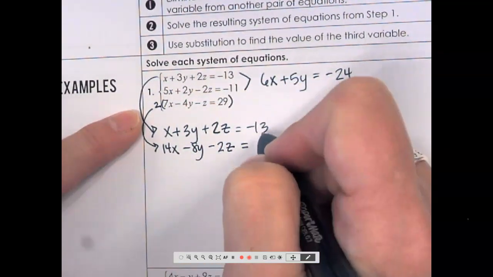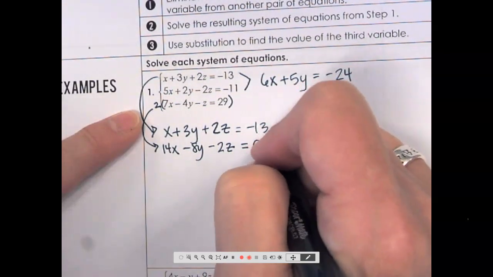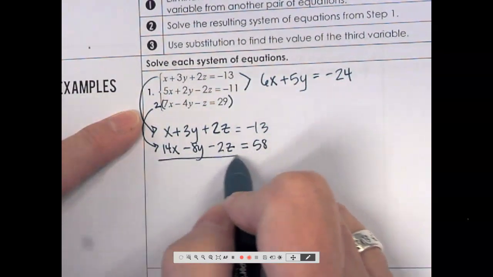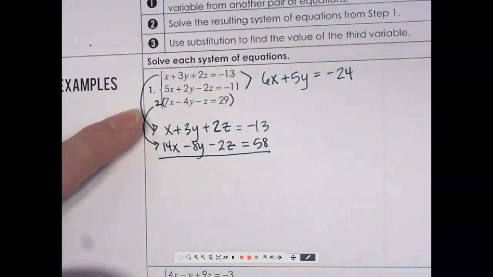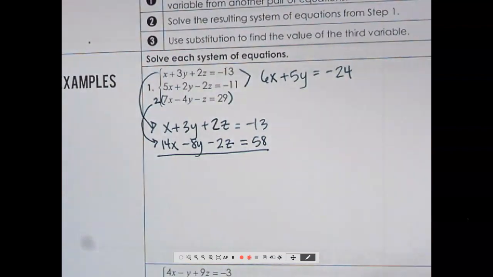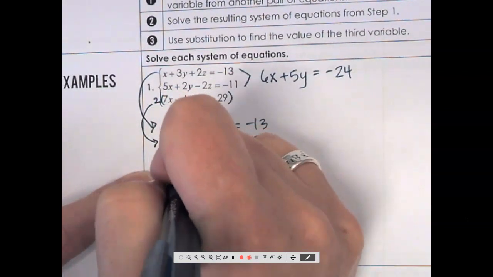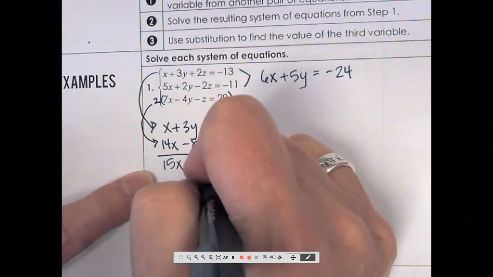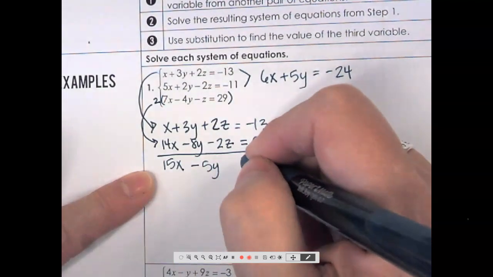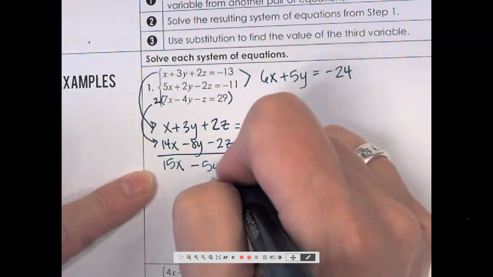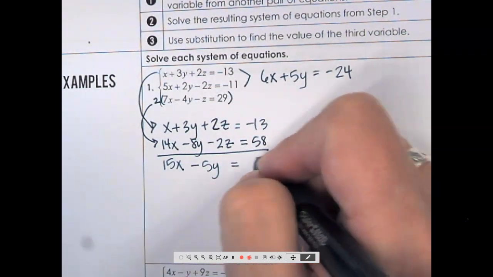Don't forget to multiply the constant over on the right, 58. Okay, now we add those together. 15x minus 5y, z's drop out, equals positive 45.